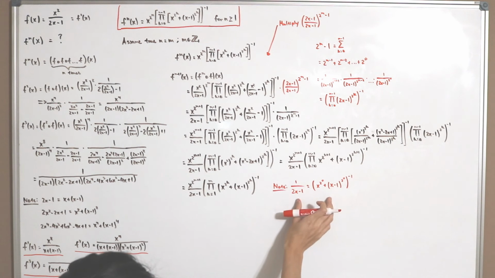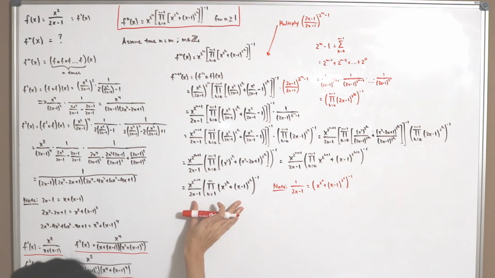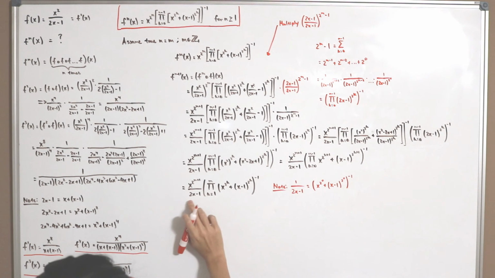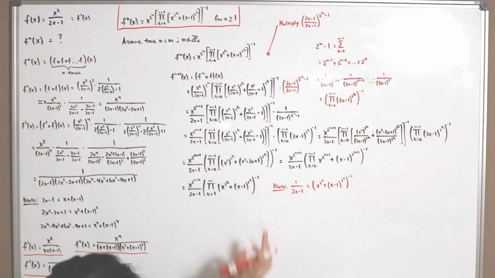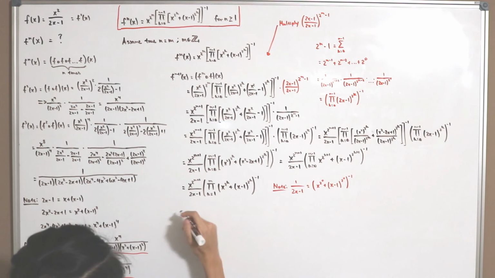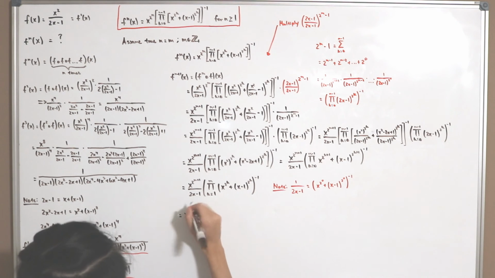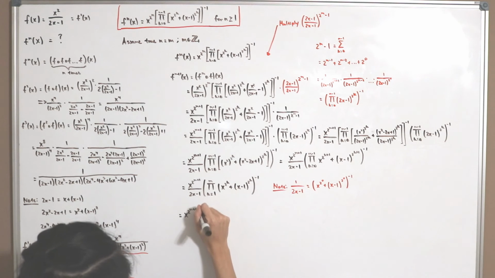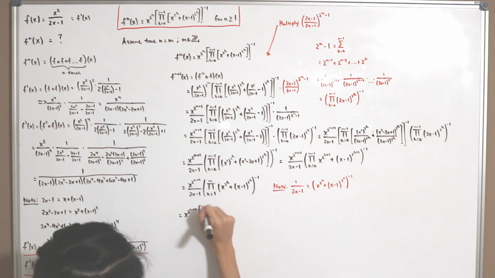So notice with that, what this means is we can actually manipulate our equation. So the 1 over 2x minus 1 over here, we can move it to the inside and rearrange the product series again. So we'll be changing our index again. This would mean we would have x to the power 2 to the power m plus 1, then multiplied by our product series.